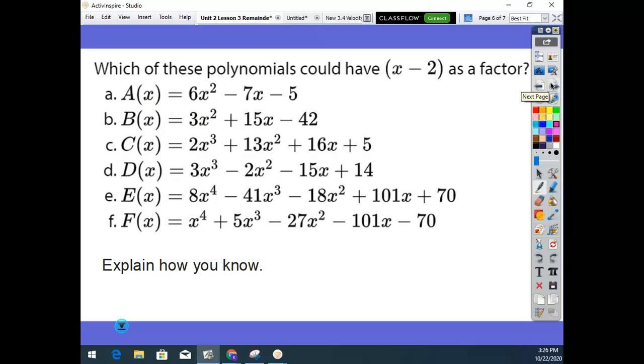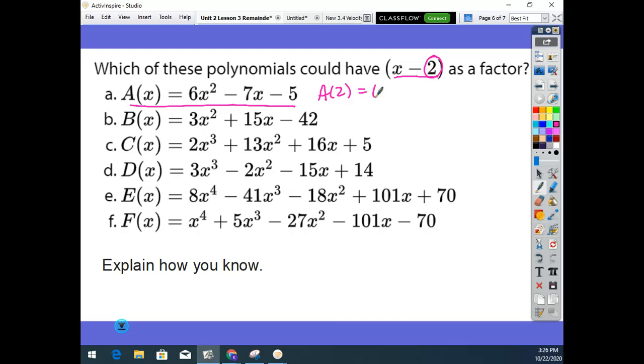So if I want to determine is x minus 2 a factor, you have to find the remainder. So you have two choices. You can do the synthetic if you want to do that part of it. But you also can just plug the opposite of the number into the whole equation. When you plug the number into the equation, it gives you the same value as you get when you divide.